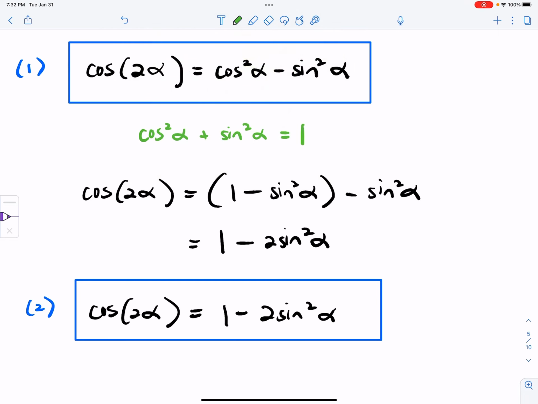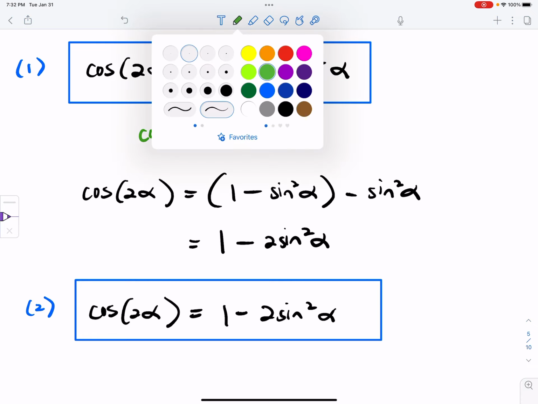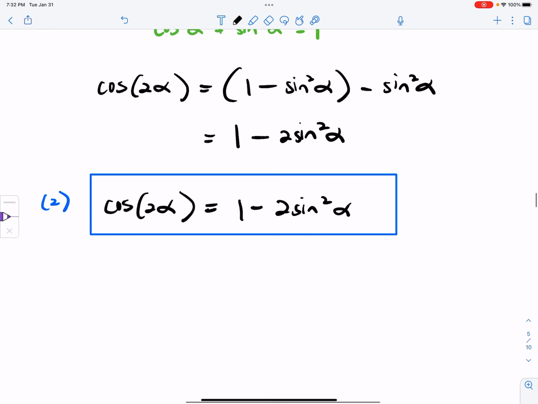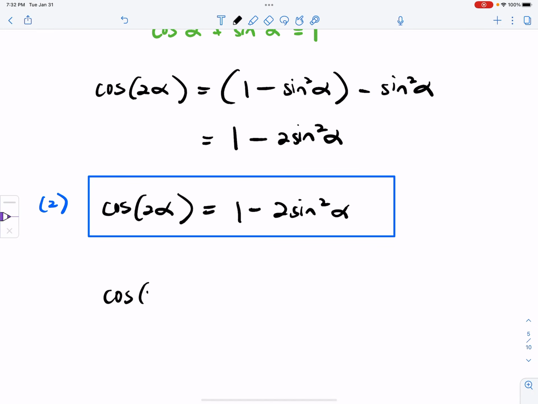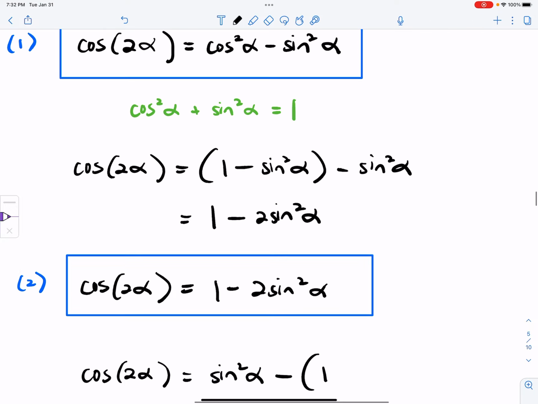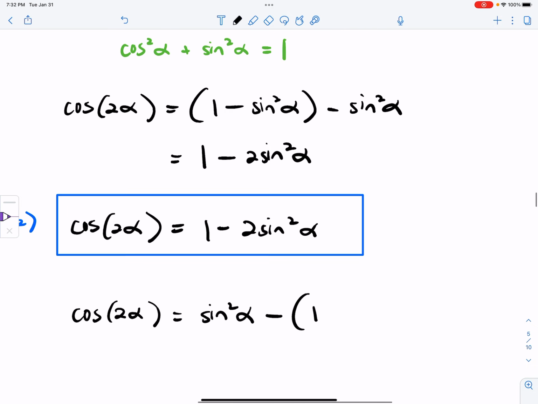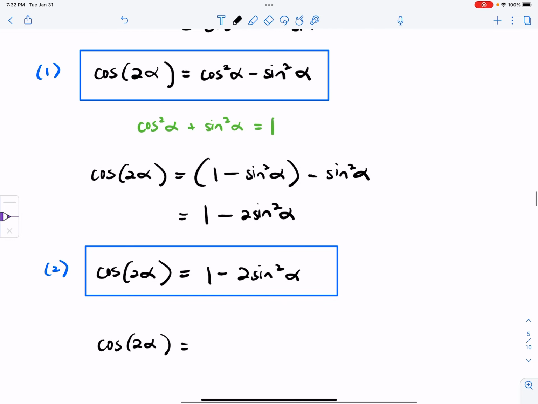And then the third one, you could probably, if you want to think about it for a second, how you would do it. We're going to replace sine squared with 1 minus cosine squared in that first double angle identity for cosine. So we have the first one, cosine squared minus sine squared.